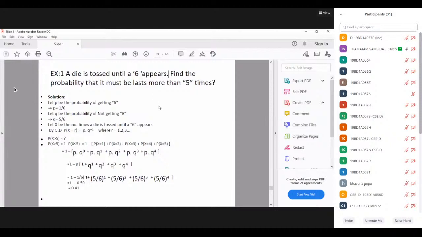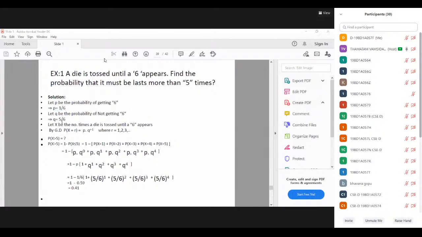Here, what is the question? A die is tossed until 6 appears. Small p indicates the probability of getting success. What is the success here? Getting 6. So the probability of getting 6 is 1 by 6, then small p is equal to 1 by 6.